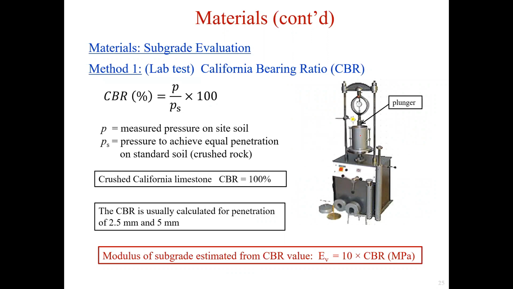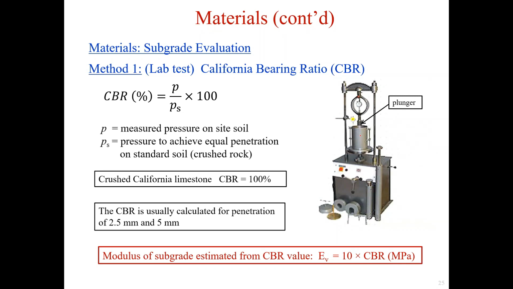For the subgrade evaluation to get CBR value, we have 3 methods: the lab testing, the field measurement, and empirical values. The CBR test measures the force required to push a plunger of a specified cross-sectional area into a prepared surface of the sample material.